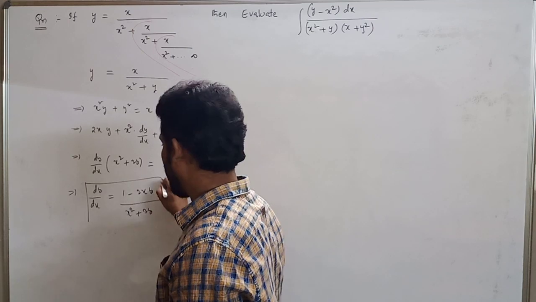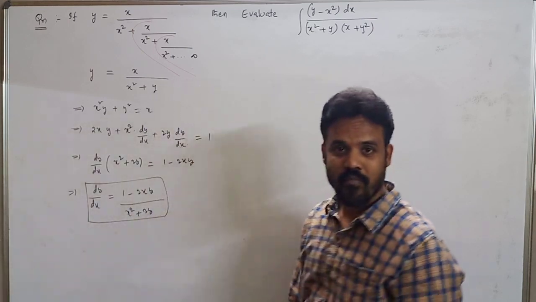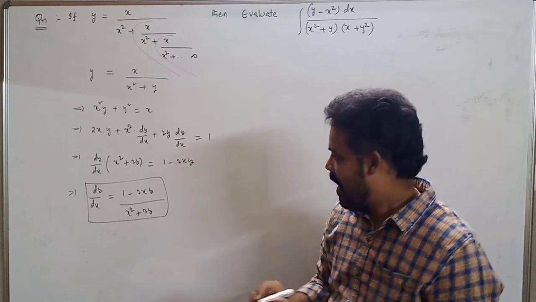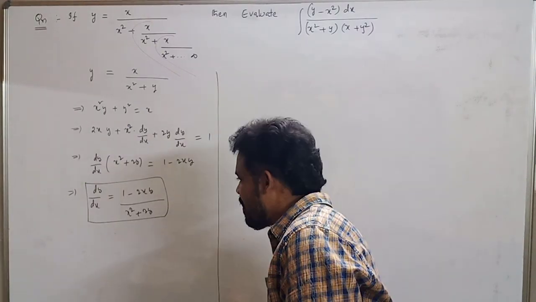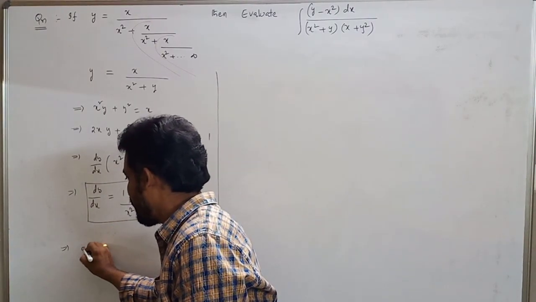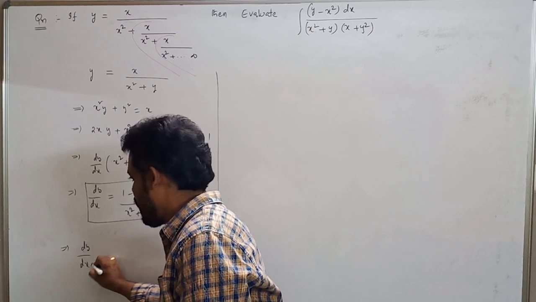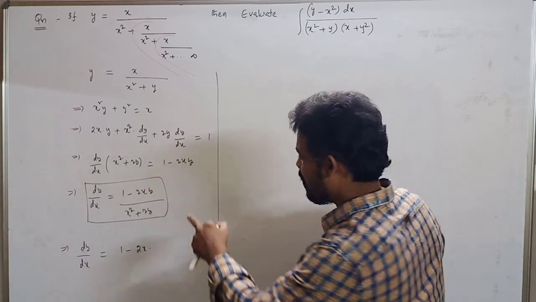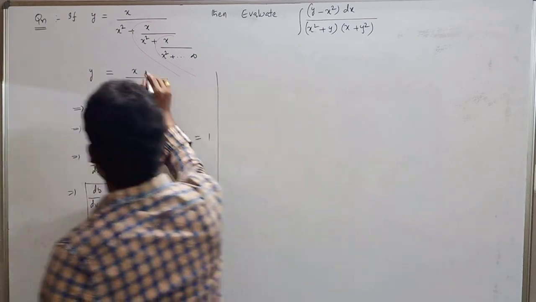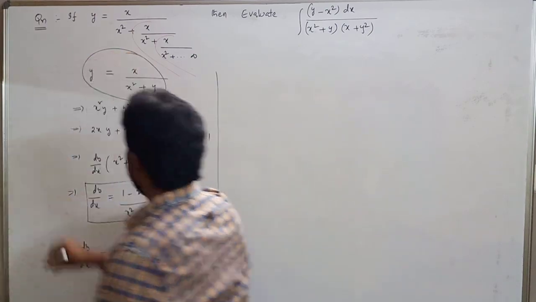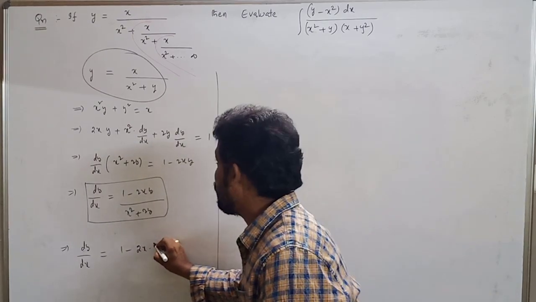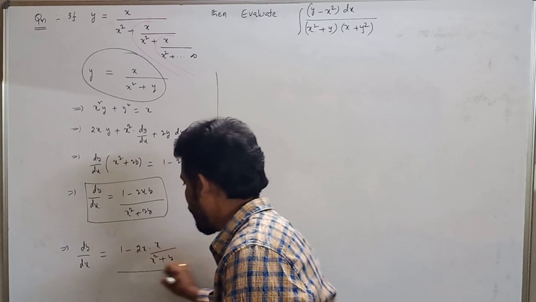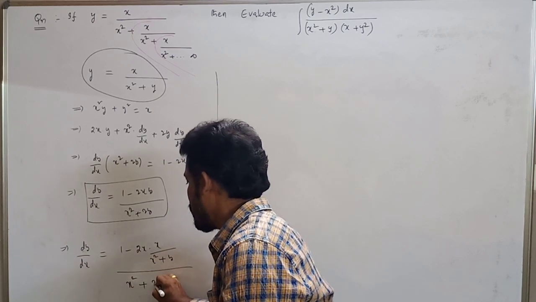We got this differential, that means dy by dx. But we want the integral. For that I am coming to the point here. After finding dy by dx is equal to 1 minus 2x into, replace y by the same thing, x by x square plus y, divided by x square plus 2y.